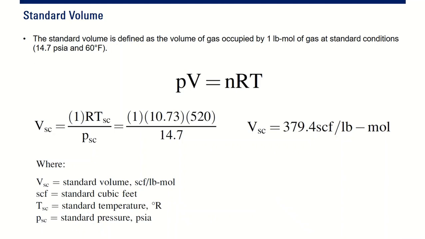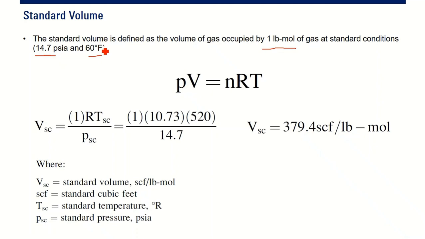And then standard volume. Standard volume is defined as the volume of gas occupied by 1 pound mole of gas at standard condition. Ya, jadi pada standard condition, the pressure is 14.7, temperature is 60.